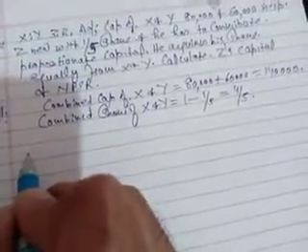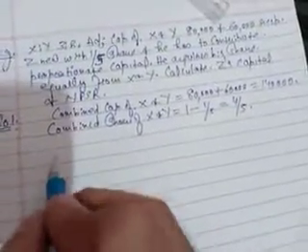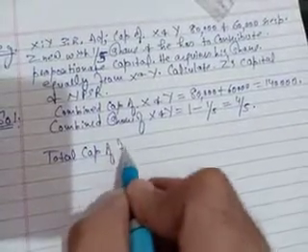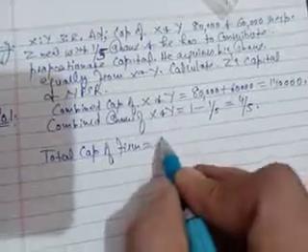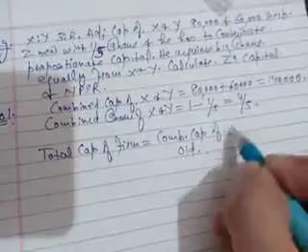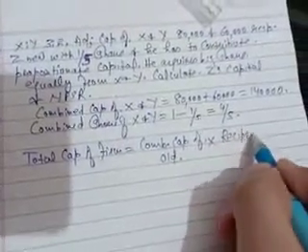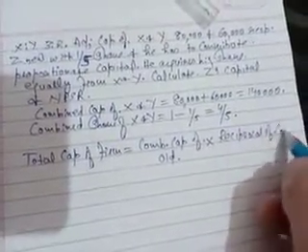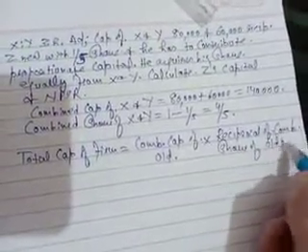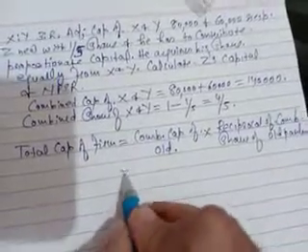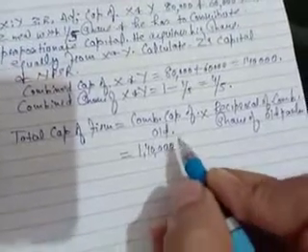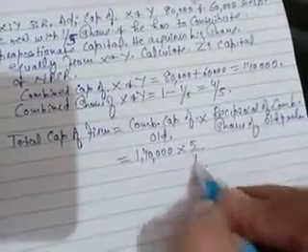So according to step 1, the total capital of the firm is the combined capital of old partners into the reciprocal of the combined share of old partners. Combined capital is 1,40,000. Reciprocal of the share, that means 5/4.